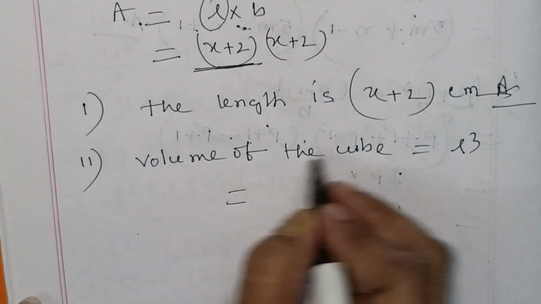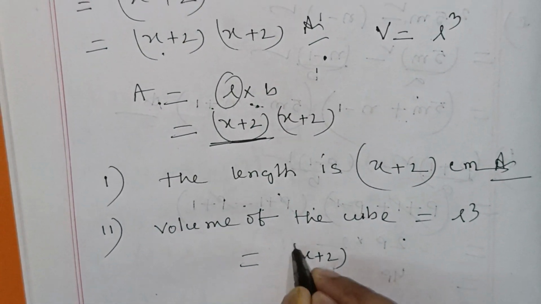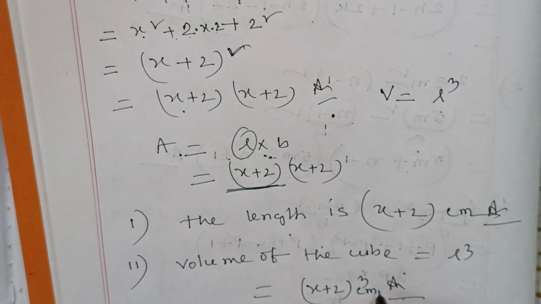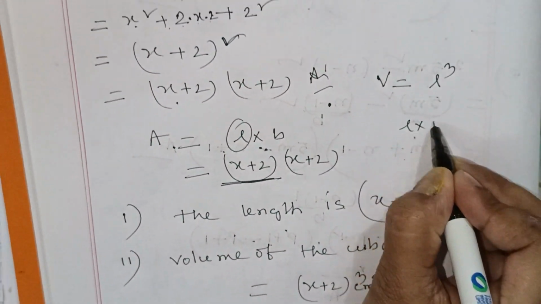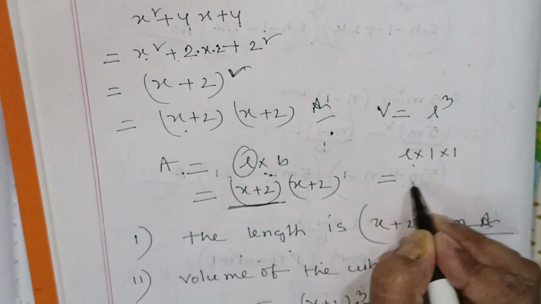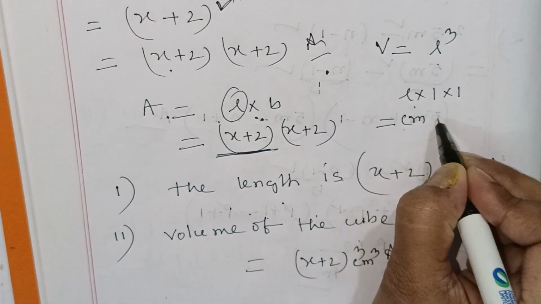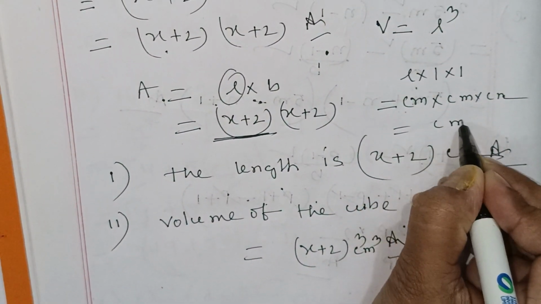Now put the value. Length is here x plus 2. So we just put the value: (x plus 2) cube. That's it. This is the answer. And we have to write the unit centimeter cube, because length into length into length. That means any unit, meter or centimeter, centimeter into centimeter into centimeter, that means centimeter cube.